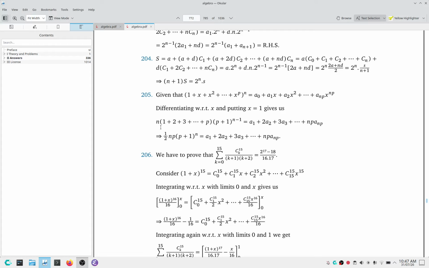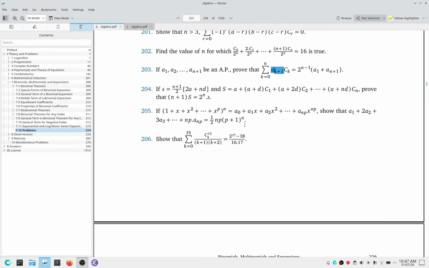So left hand side, if you see, it is equal to half np times p plus 1 to the power n, np into p plus 1 upon 2. Okay, so p plus 1 to the power n. And right hand side is a1 plus 2a2 plus 3a3 up to np anp. So that's what we had to find.